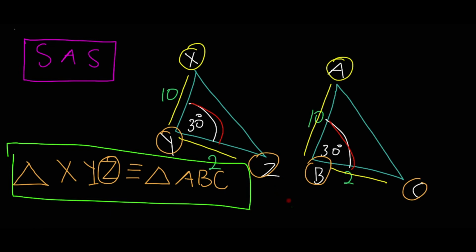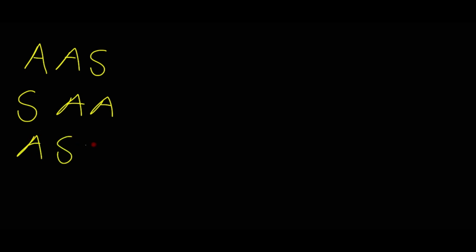Our next condition, our third condition, is AAS or SAA, or ASA, it is the same thing. The key thing is that we have two triangles with two angles that are equal, and one side that is equal, and they correspond, so those triangles are congruent.